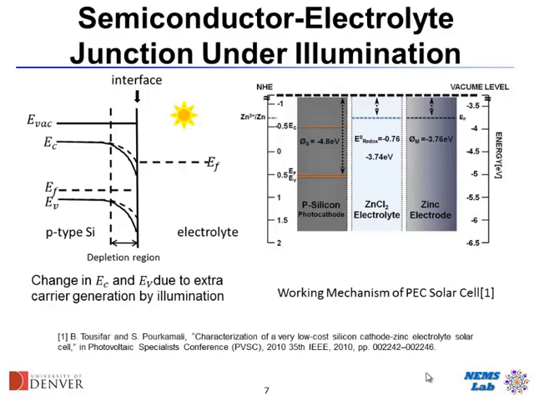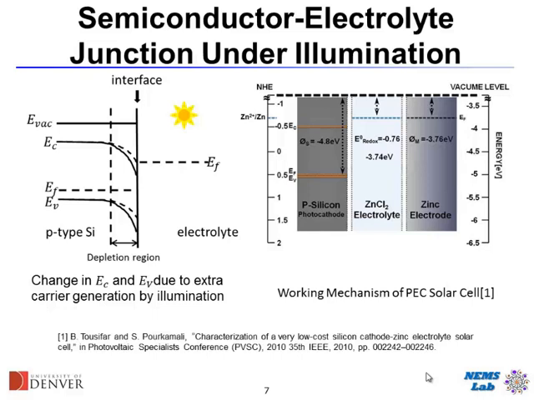And then the electrolyte, the zinc electrolyte, if you can convert the redox potential of the solution into its Fermi level, for zinc, it happens to be up there. So the zinc electrolyte acts as n-type with respect to the p-type silicon.